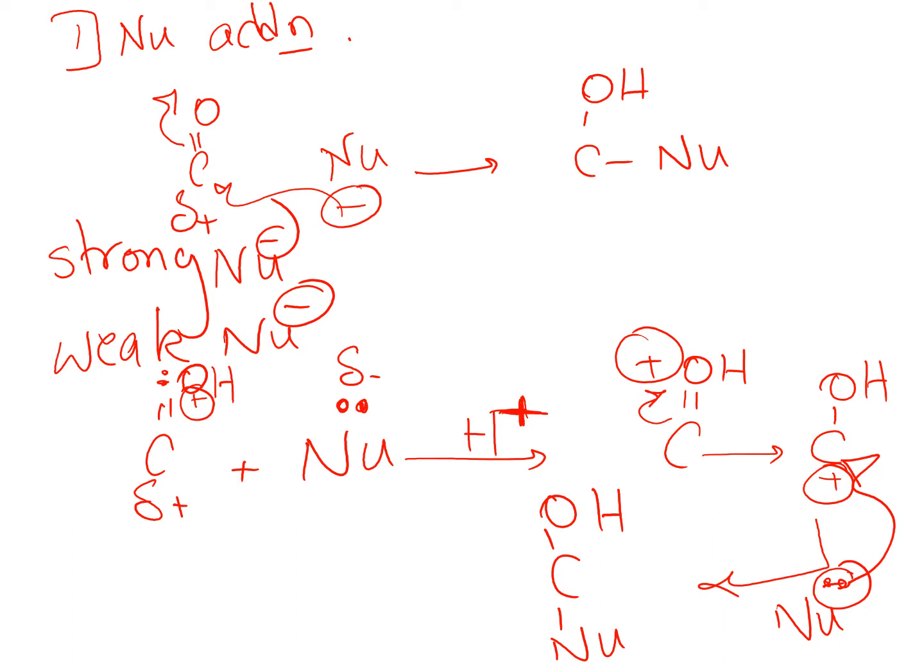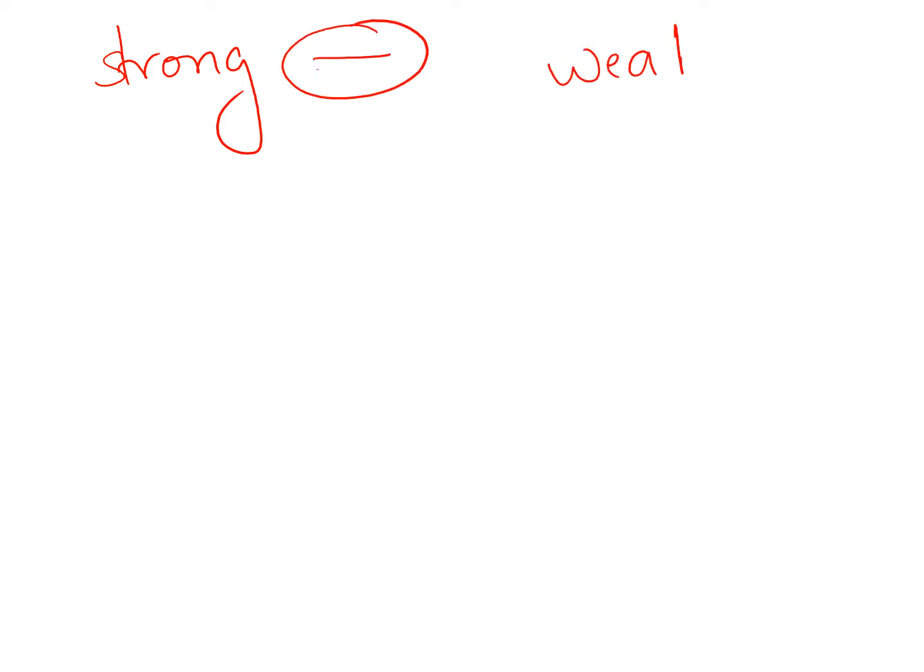The sequence or the order of reaction depends on whether the nucleophile is a strong nucleophile or a weak nucleophile. As I have mentioned, strong nucleophiles are compounds that actually carry a full negative charge. Weak nucleophiles are compounds that are carrying a lone pair of electrons or a partial negative charge.